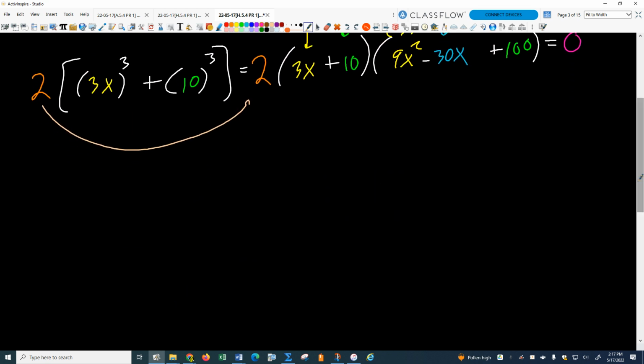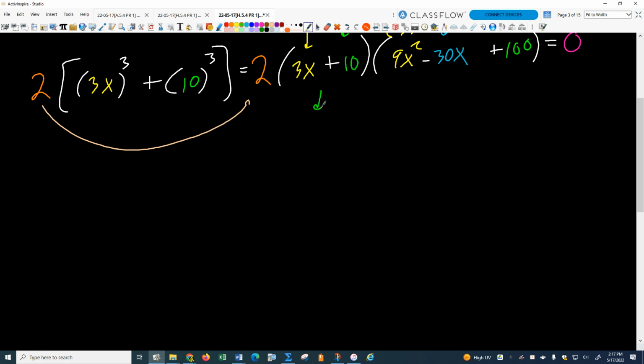Okay, so now we're prepared to find our solutions because we can apply the zero product property, right? Well, the 2 doesn't give us any solutions, does it? That's just a constant. In fact, I could even divide both sides by 2 and get rid of that one if I want to. But here's a factor with an x in it. So what's my 0 going to be from this factor? If I set that equal to 0 and solve, what would I get?